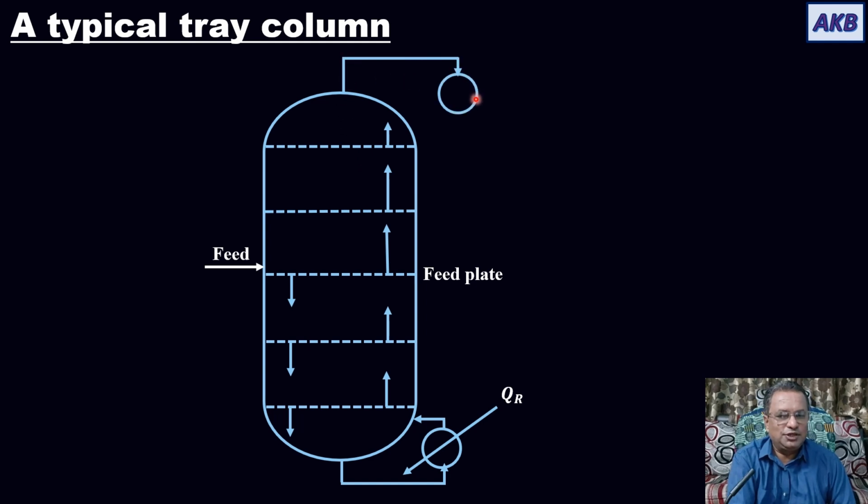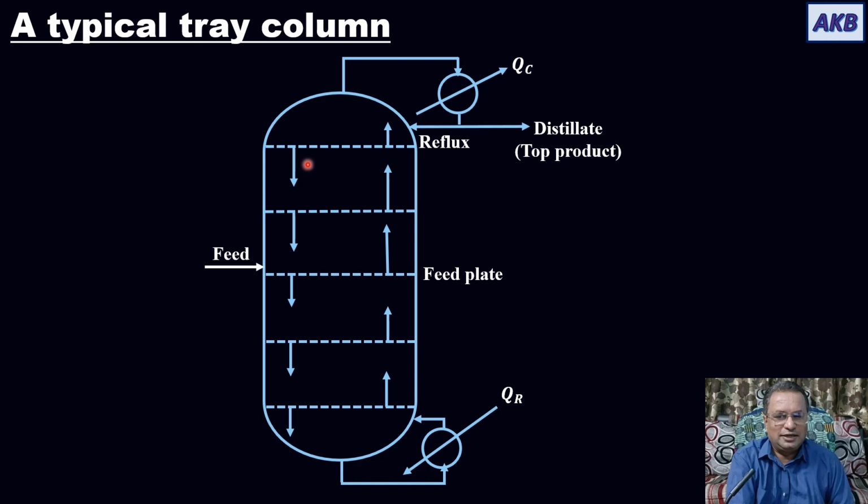It is sent to the condenser where heat is removed from the vapor to get a condensate. The condensate is divided into two parts. One is taken out as the top product, which we also call distillate, and the other fraction is sent back to the column as reflux. Then reflux comes down and joins the liquid part of the feed, and the process continues.